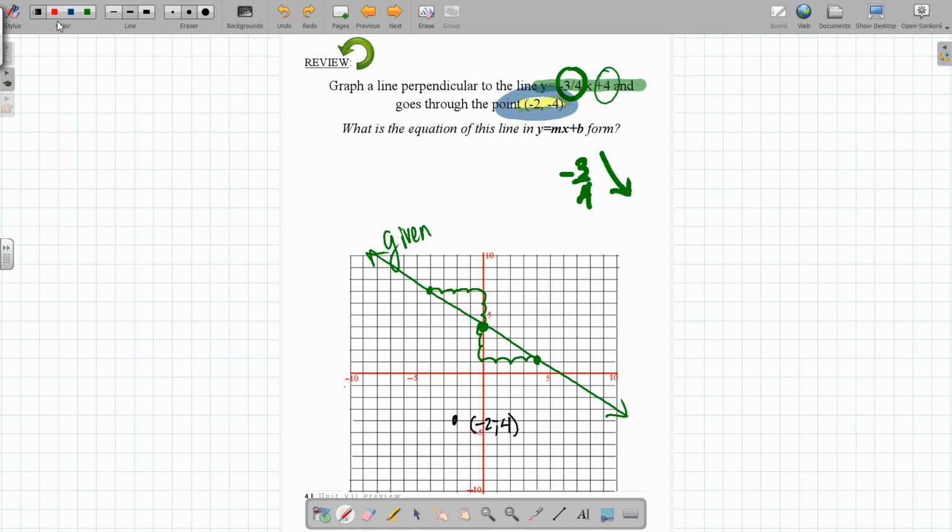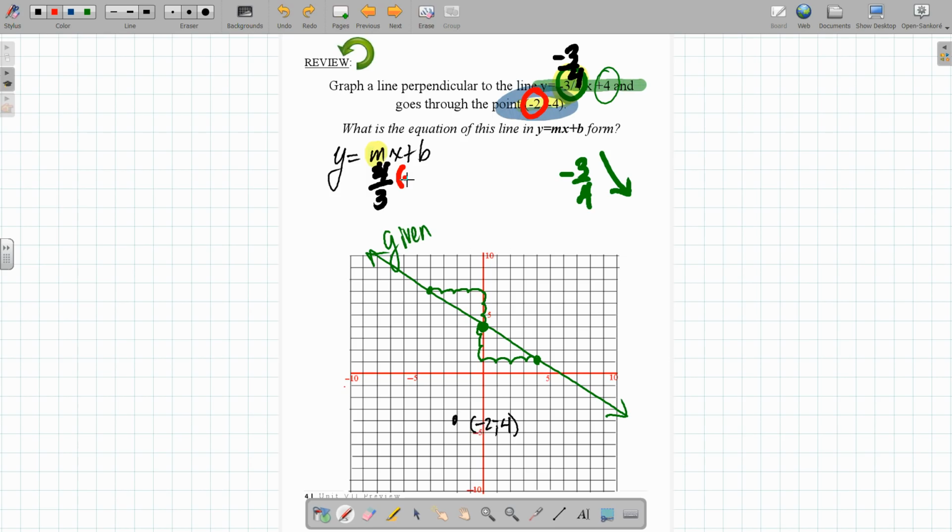So let's start by graphing y equals mx plus b. Step 1, our perpendicular slope is going to be the opposite reciprocal, which is 4/3. If our given is negative 3/4, the opposite reciprocal is 4/3.